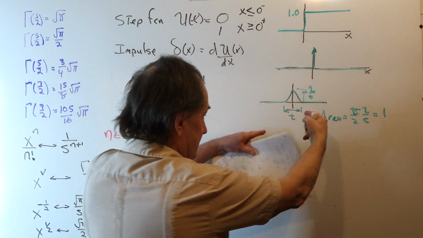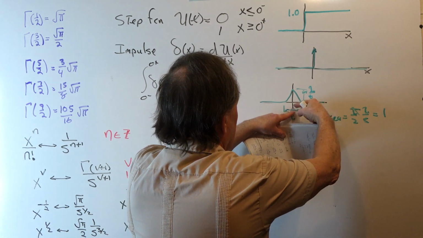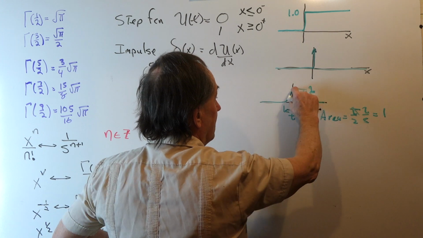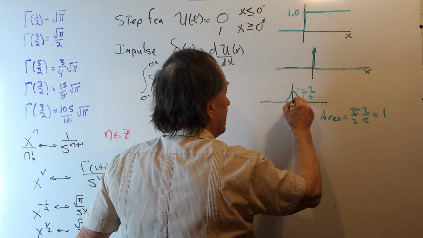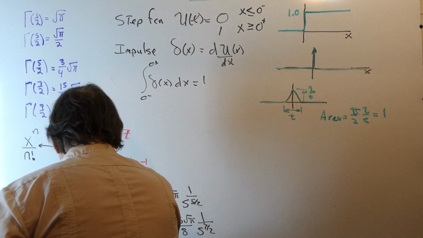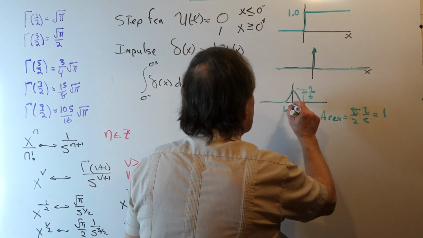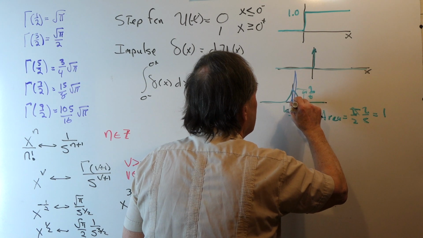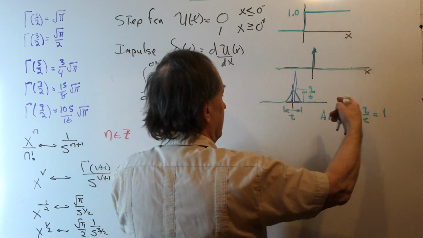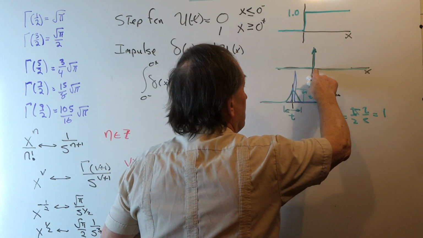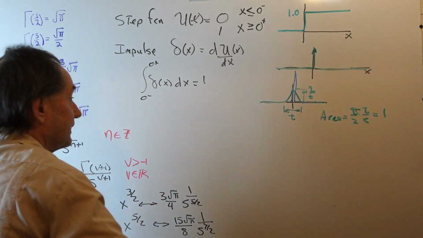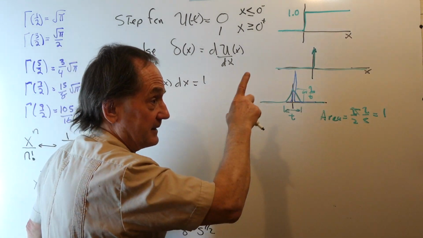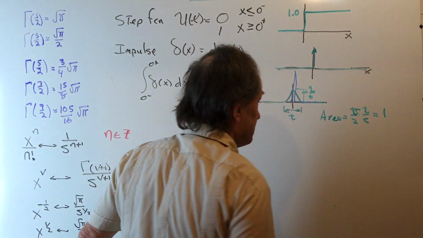And then what you do is you shrink the width down, and as t, the width, gets smaller, the amplitude gets bigger. If you shrunk it down to here, then its amplitude goes up. As you shrink it, the amplitude goes up to where it has 0 width and infinite amplitude, such that the product, a 0 times infinity type product, is finite.